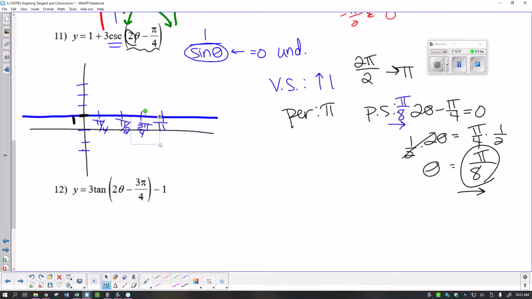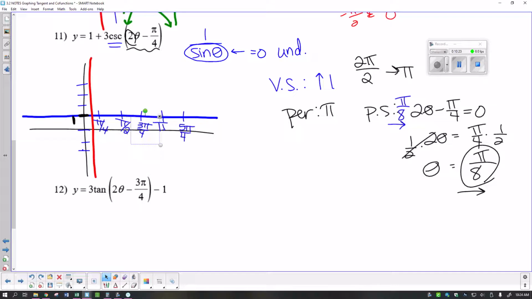Next thing is figuring out where pi over 8 is. Pi over 8 is less than pi over 4. So we need one more increment to the right. This would be 4 pi over 4, so 5 pi over 4. And then we're going to move our axis. Here's our axis. And really all we're moving that is less, it's technically halfway between.